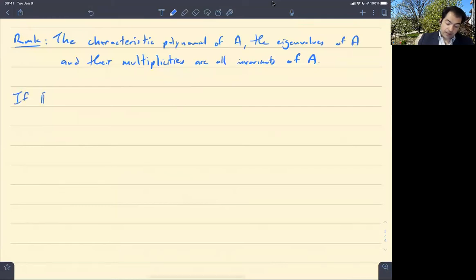Now, if F is algebraically closed, then we know that any A is similar to an upper triangular matrix.